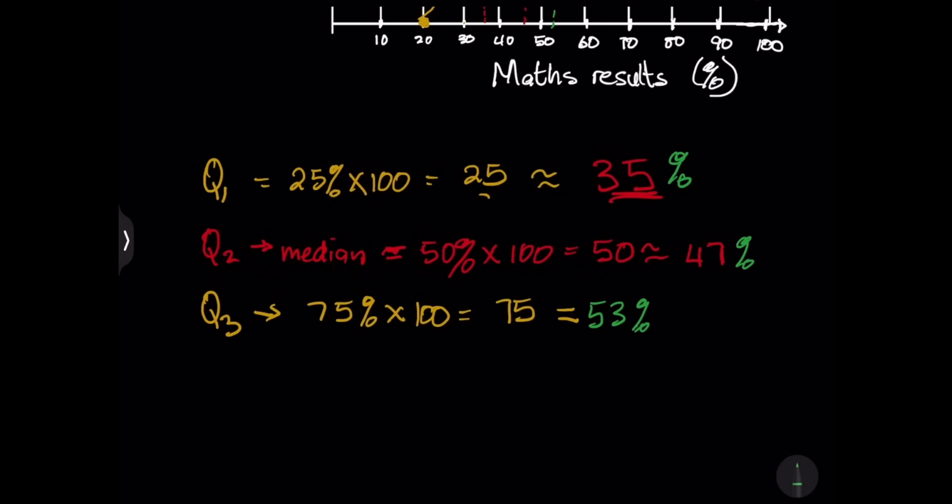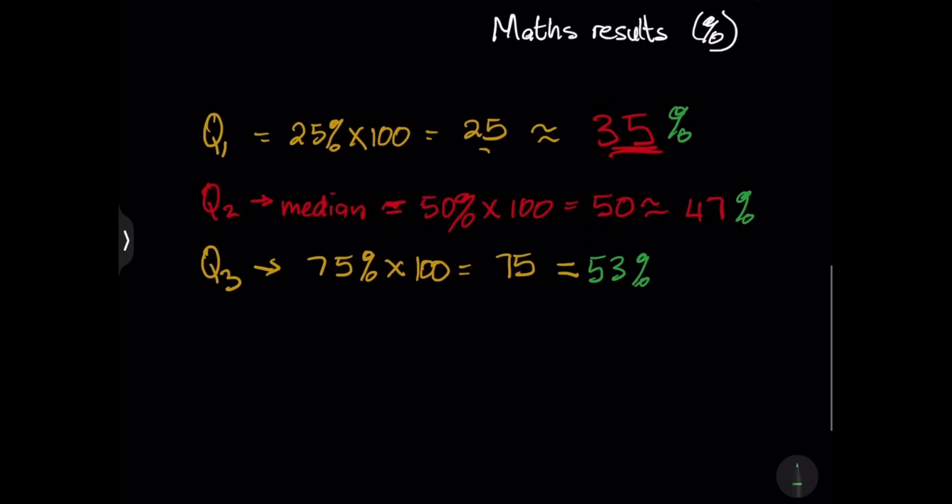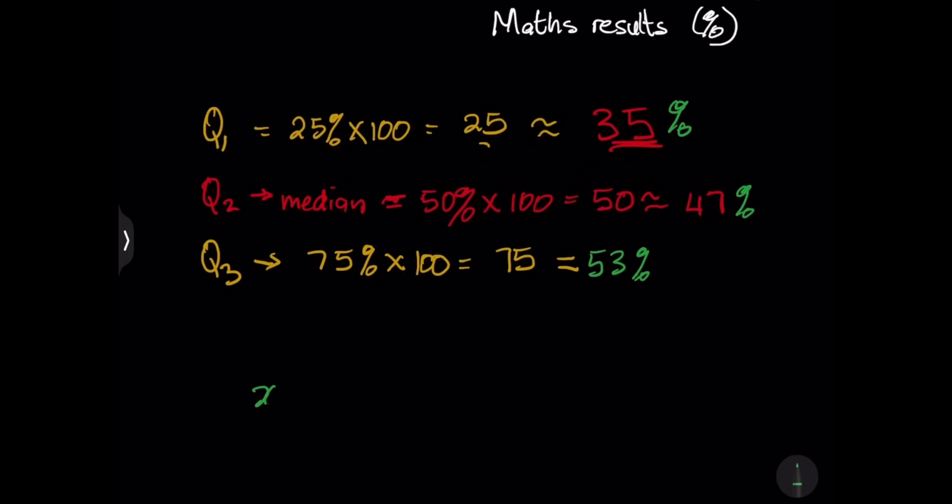Now, what I want us to do very quickly is to note how we would calculate the mean of the data. So we use a formula, and all we simply do is take the sum of the frequency multiplied by the midpoint of your intervals.